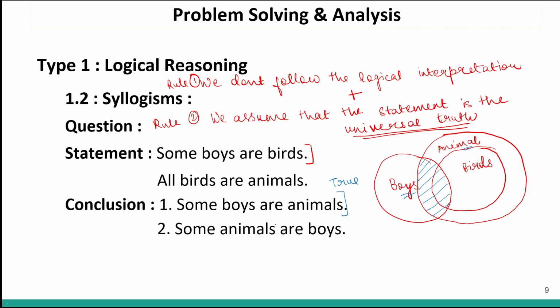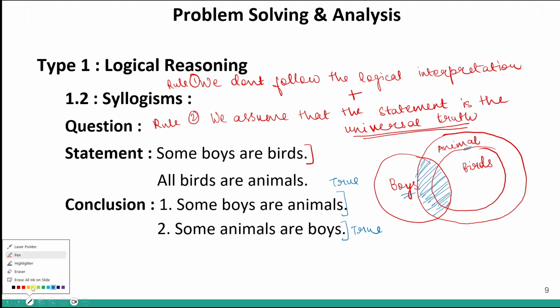Okay, now conclusion 2. Some animals are boys. So some animals, if you look here, they are also a part of boys. There is overlapping if you look at this area. Correct? So this is also true.